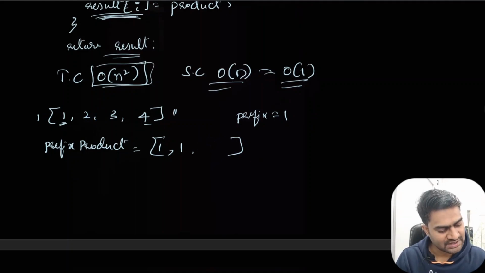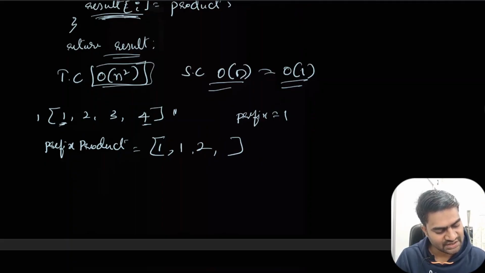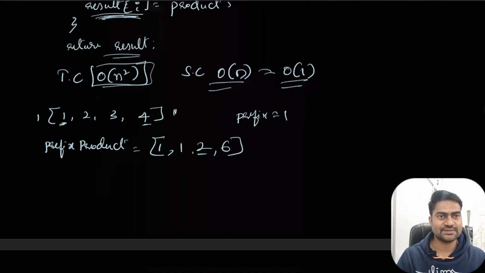So I will place that 2 here. Okay, with that I will move to my last number. For the last number, the prefix product of this particular 3 multiplied with this 3 will give me the overall prefix product for 4. So that will be 3 into this 2. So 3 into 2 will be 6. So this gives us the prefix product.